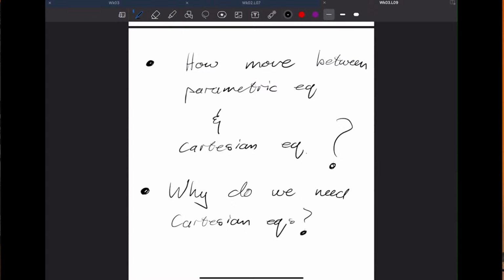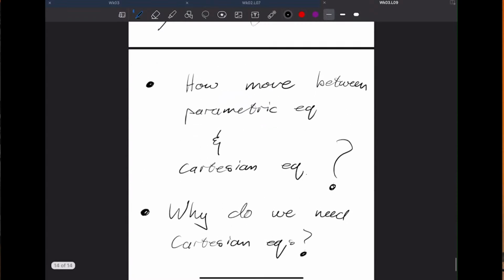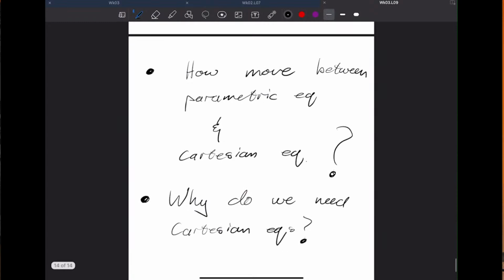So you have to set up an equation and solve it for 4 variables, and that becomes a little bit cumbersome. If we use Cartesian equations for planes, then that becomes a little bit easier. So that is one reason why we need Cartesian equations.